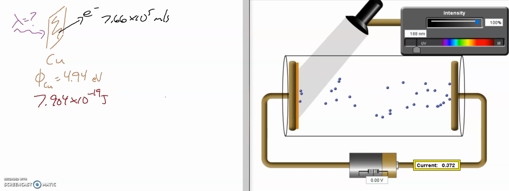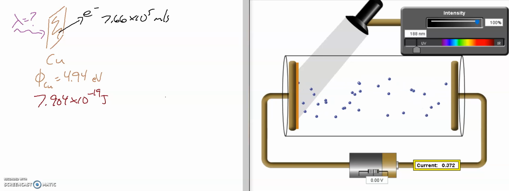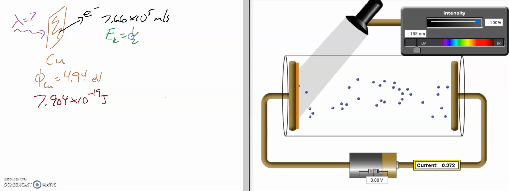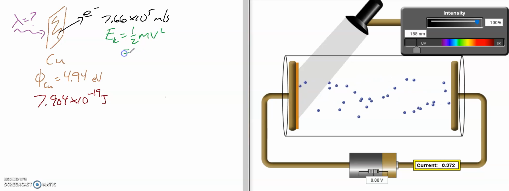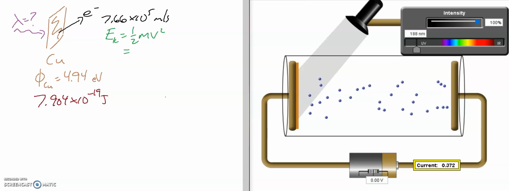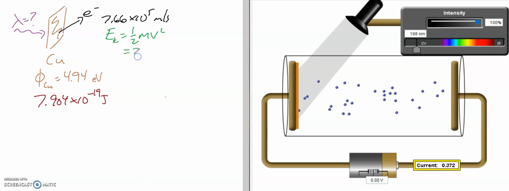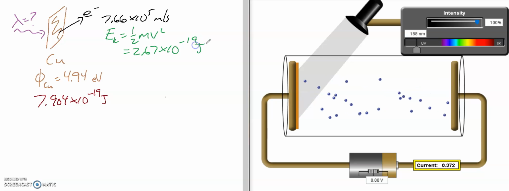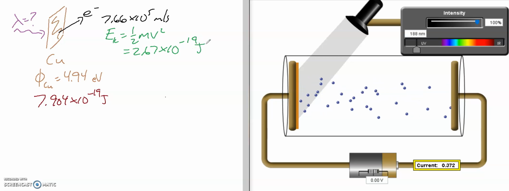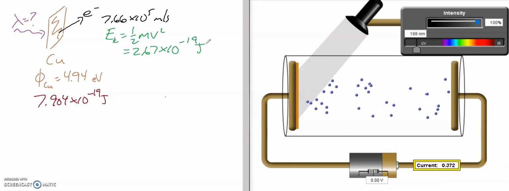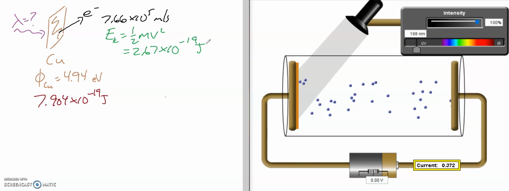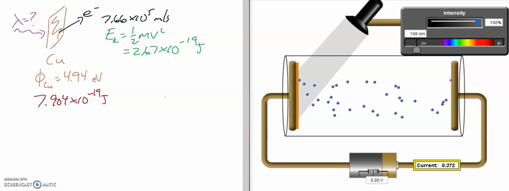I've got the kinetic energy of the electron. That's definitely solvable because I have the speed of the electron. So let's use the 1/2 mv squared, and I can find the kinetic energy of the electron. And that gives me 2.67 times 10 to the negative 19 joules. Okay, so I've got my work function energy. I've got how much energy was absorbed by the material. I've got the kinetic energy of the electron. Of course, both these energies came from the photon to begin with.